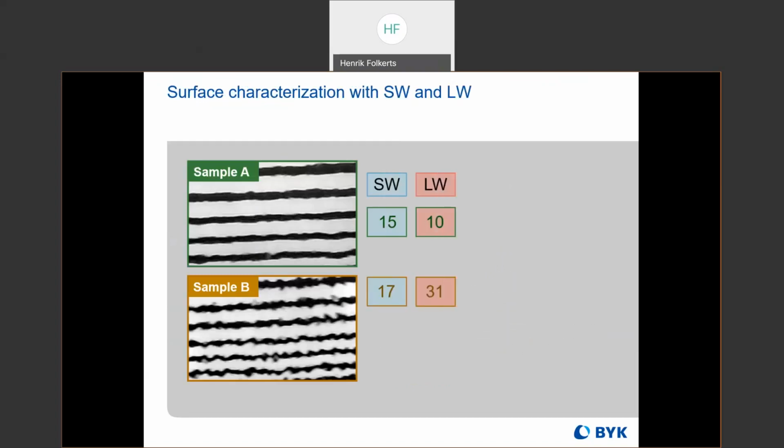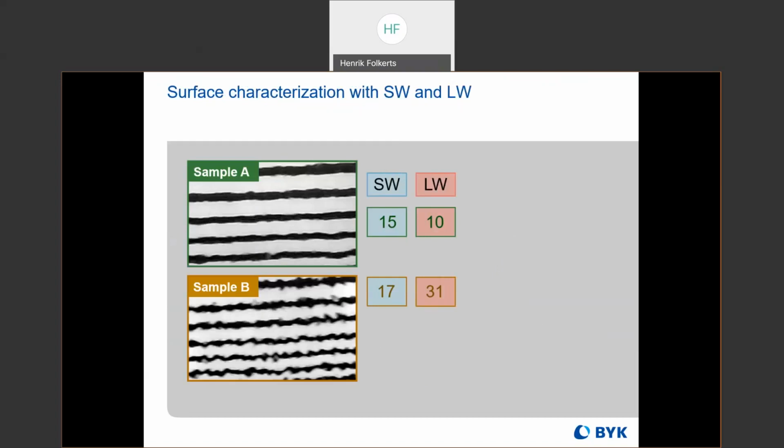So here we have a couple examples of surfaces with different short wave and long wave measurements. In sample A, we have a short wave value of 15, and a long wave value of 10. So pretty low short wave, pretty low long wave. We're not seeing a ton of waviness in the surface.